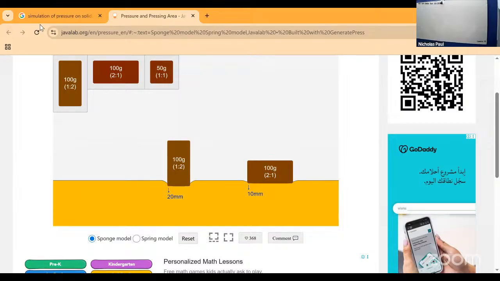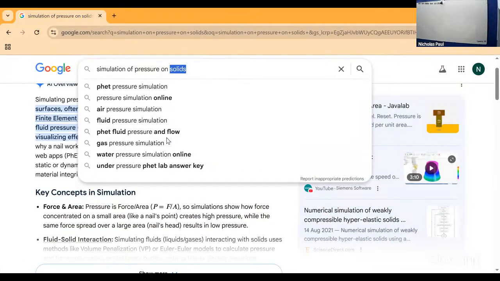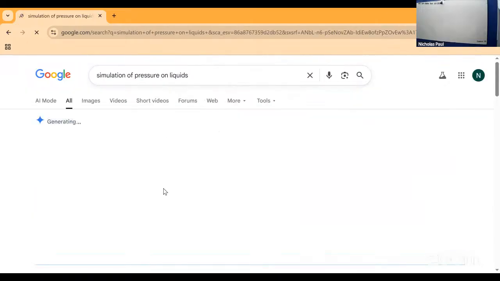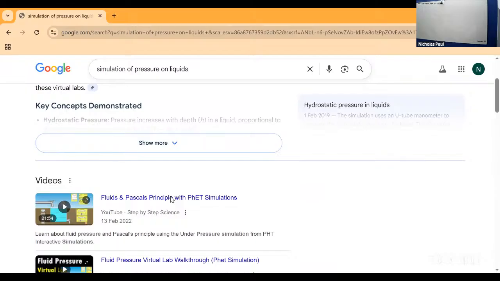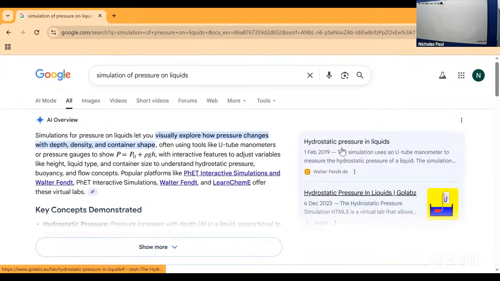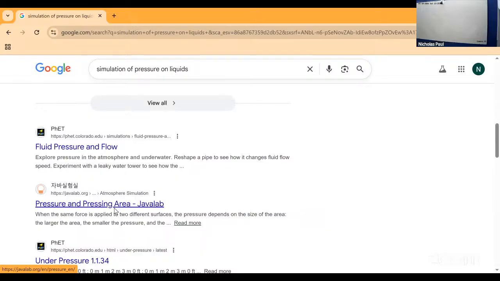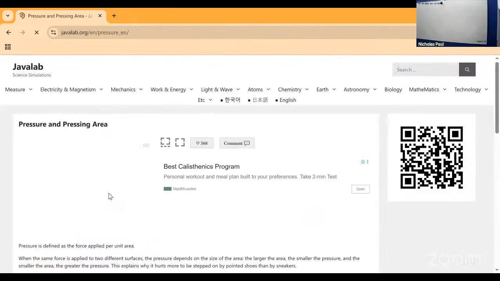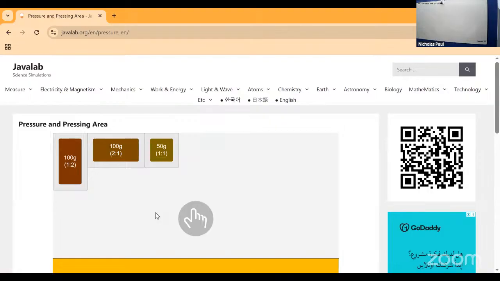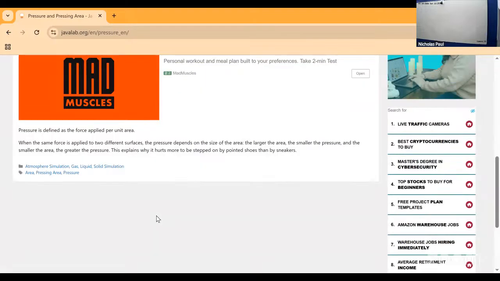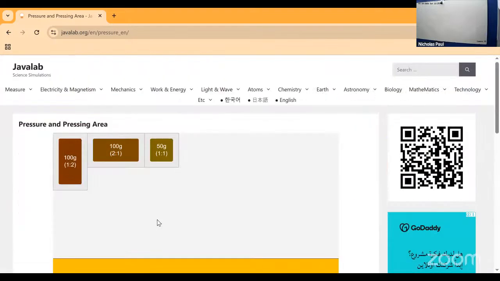Hold on, I just want to get a new simulation. All right, let's check out this one here. That's solid, and the one solid. I want liquid. Hold on earlier. And then get back to one more thing.